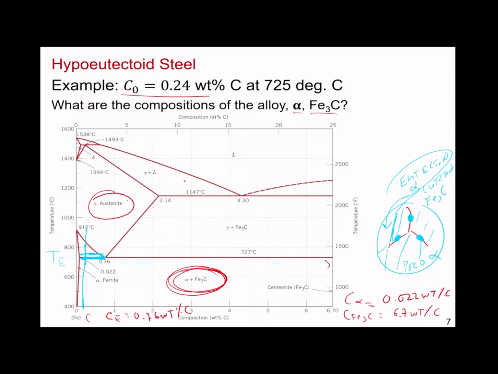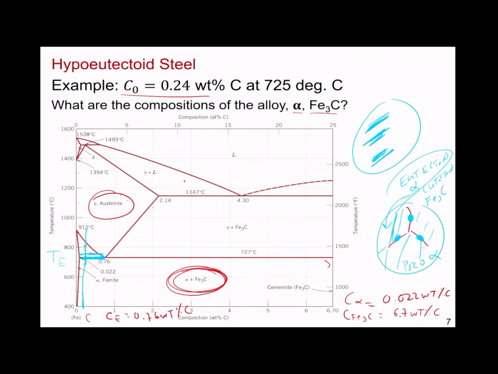And I draw them as lines because of the phase fraction. I have 0.033 of eutectoid Fe3C, right? So I'm not going to draw them as big lines like this, because that looks sort of like 50-50, right? I'm trying to be more representative of the phase fraction in my schematics. That's all.